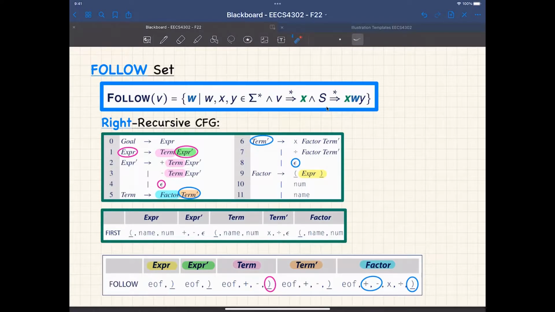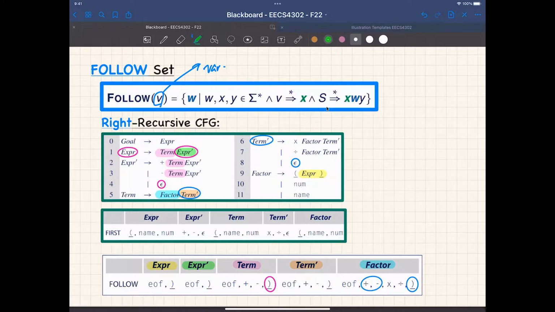Here you can think about we've got the follow set of a certain variable. This V here is just a variable. It's going to be all the words W, and you can see W is simply sigma star, which means it contains no variables, just terminals. What's going to be the property of this W? Let's take a look at these two.